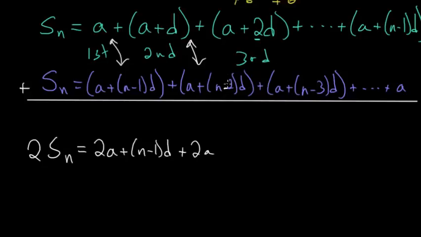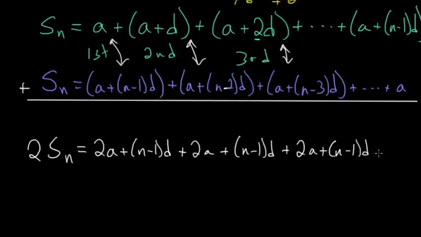So this would become n minus 1. So we have plus n minus 1 times D. And then now we're adding the third terms. And again, we have 2A's plus, and here we have 2 D's, and here we have n minus 3 D's. So adding 2 to this, we would be at n minus 1 again. So n minus 1 times D.